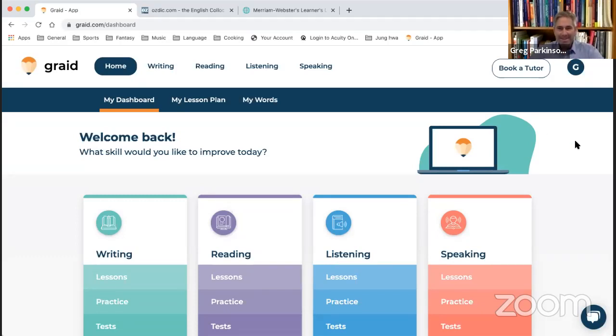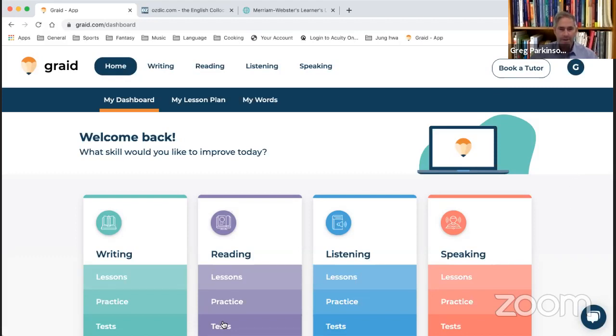Now, this is a practice module. So what I want you to understand when we go through this reading section today, it's the academic reading section. It's not exactly the same as the authentic text, but it's going to provide you some great practice to get ready for your reading test on the IELTS test day. So let's bring it up.